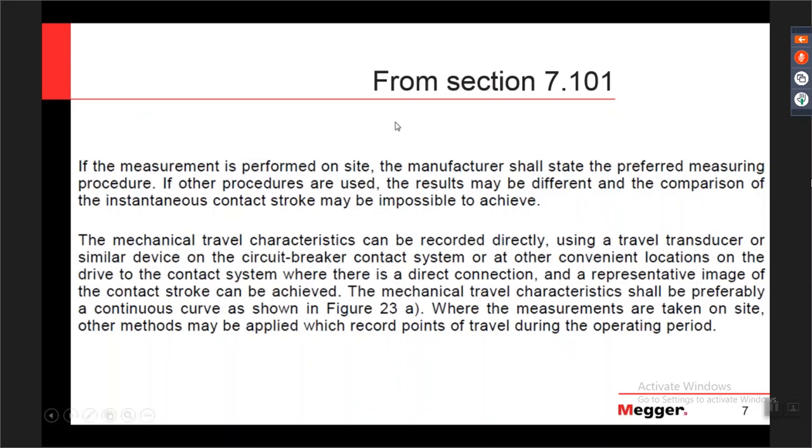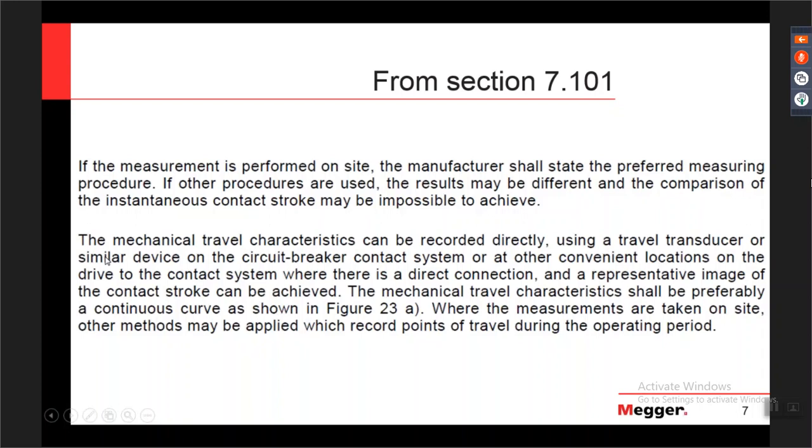So especially buyers of circuit breakers can put requirements on the manufacturer to get reference graphs, to get instructions on how to connect transducers and so on. And then they can even refer to this standard and say this is what it says. So it's important to know.